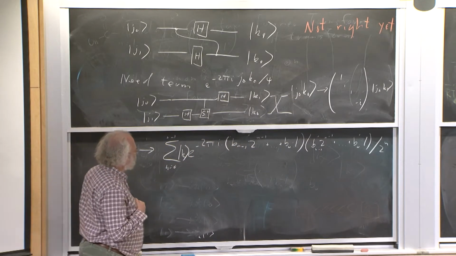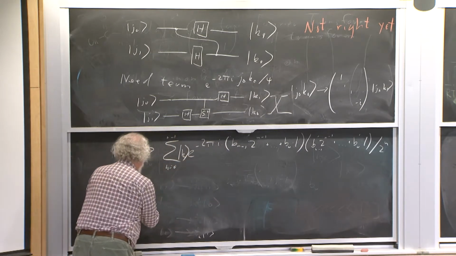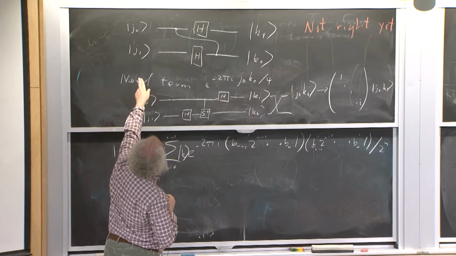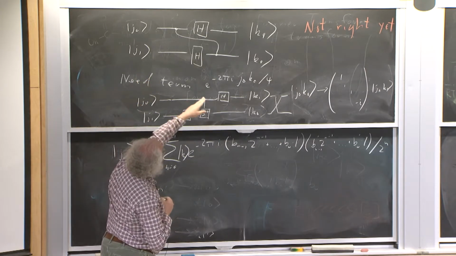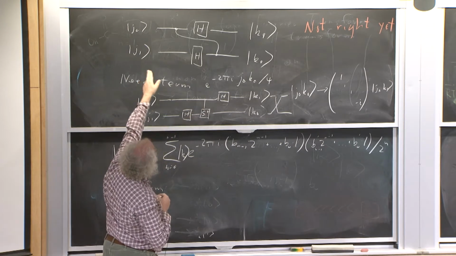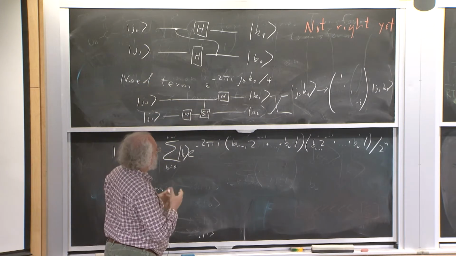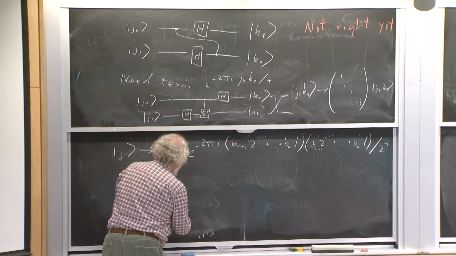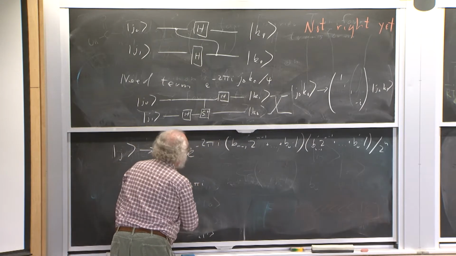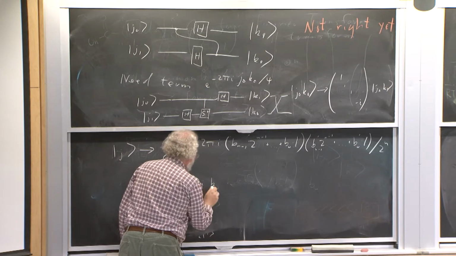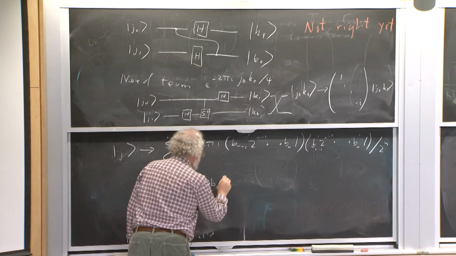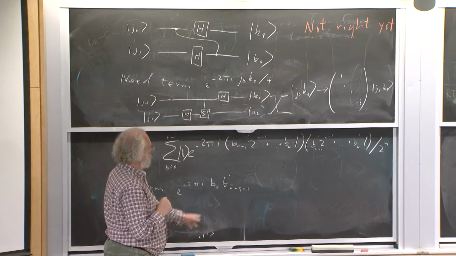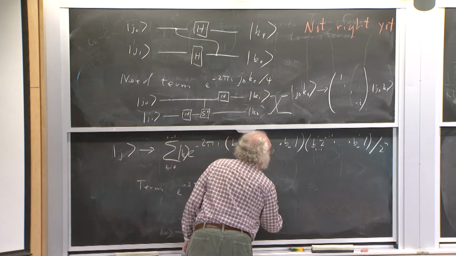Now, well, here we had the term j1 k0 and j0 k1. So those were terms e to the minus 2 pi i b sub s b prime sub n minus s minus 1, all divided by 2 to the n.